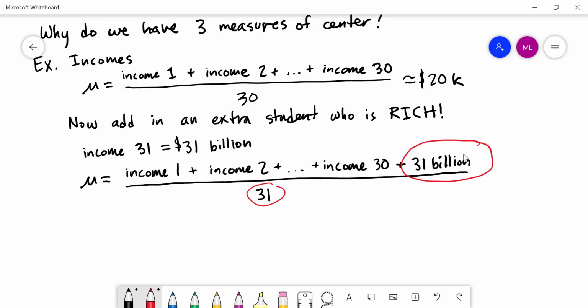It's basically just decimals compared to the 31 billion. So we take our 31 billion plus chump change, which is all the rest of our incomes combined, and we divide by 31. And what do we get out of this? When we do that division, we are going to get an average of $1 billion.